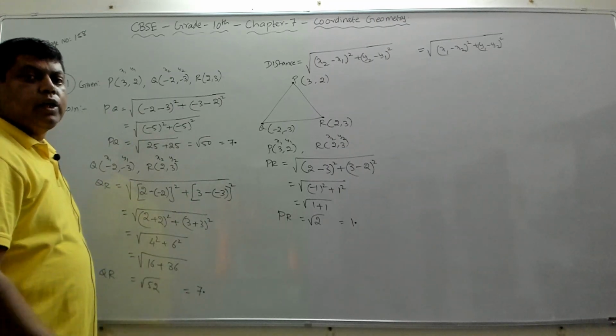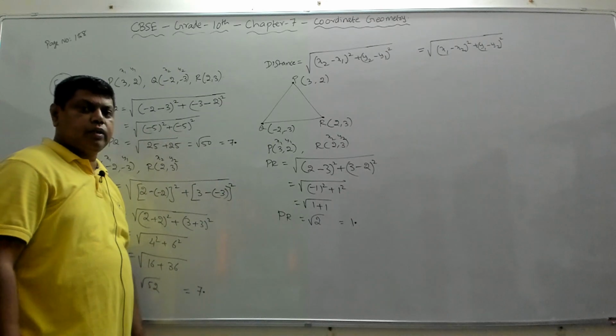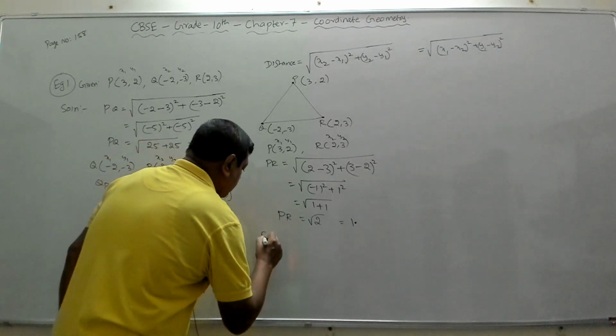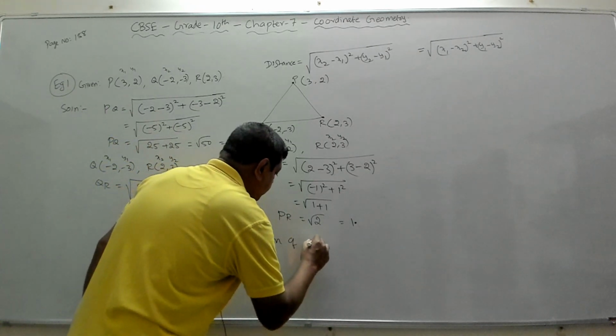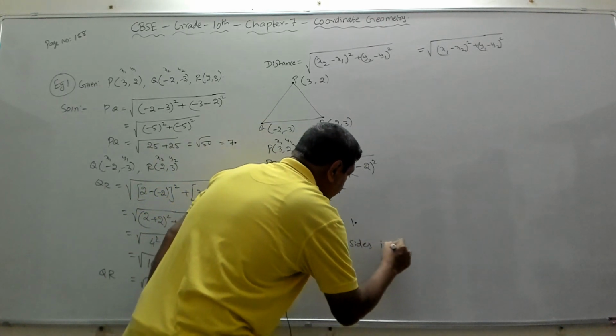So what have we checked? We have checked the triangle inequality. Which means the sum of any two sides is greater than the third side. So we'll say the sum of any two sides is greater than the third side.